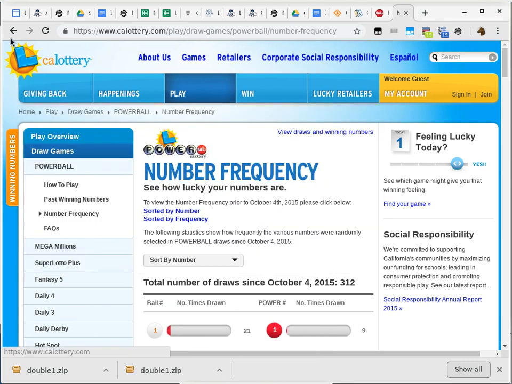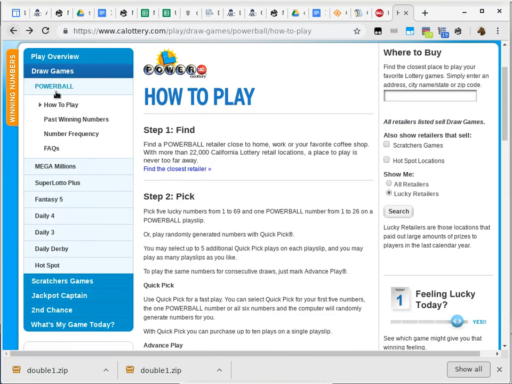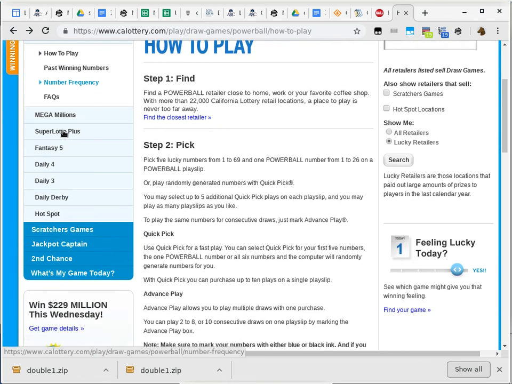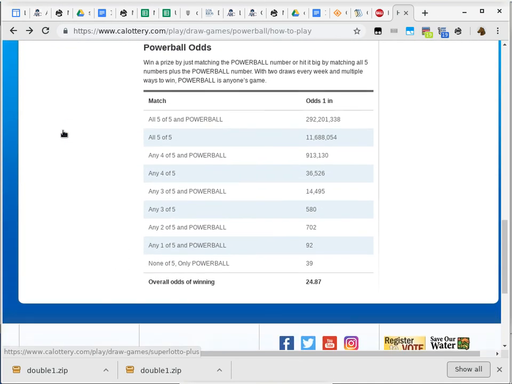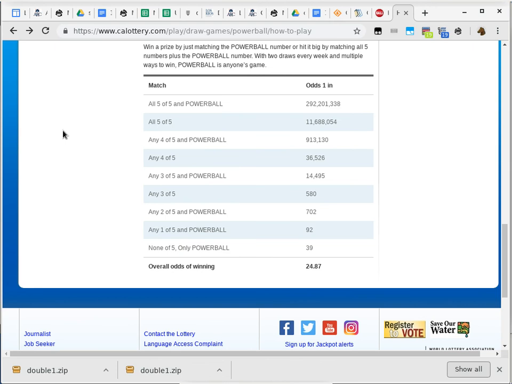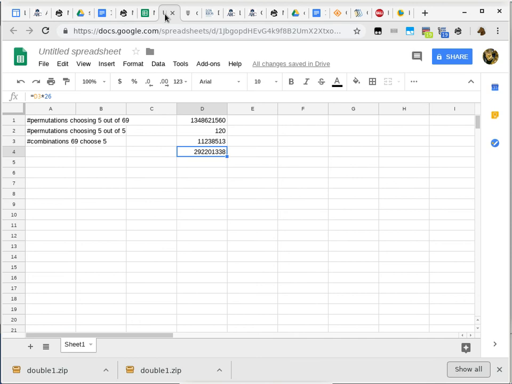No, it's something else. FAQs, no. I know by law they have to disclose the odds of winning. There we go, odds. Is that number matching what we have? It ends with 338. And our spreadsheet is ending with 338 as well. So it is exact.